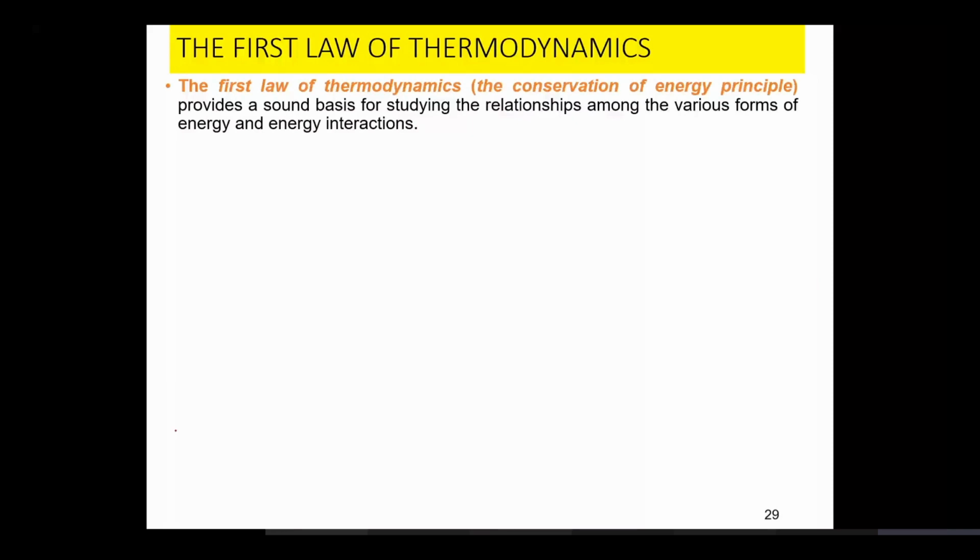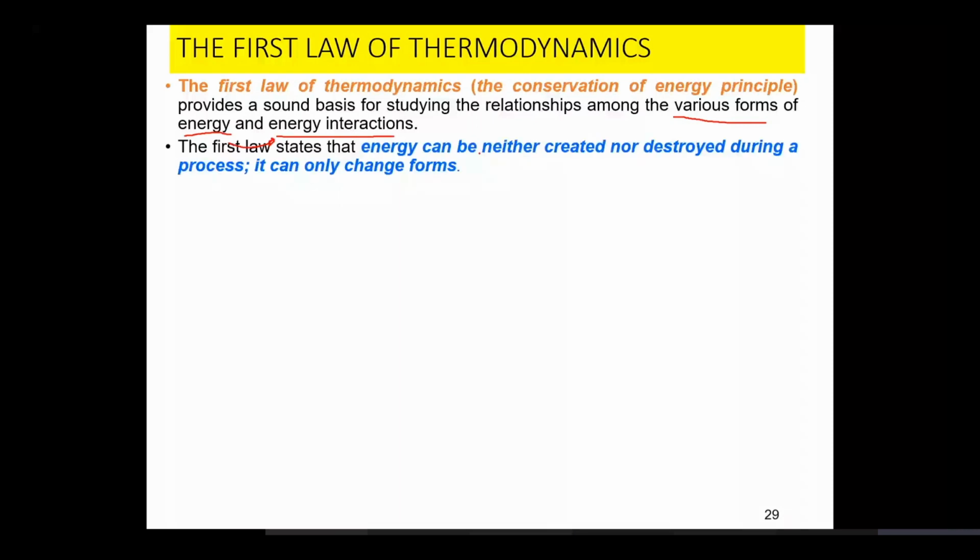There are various forms of energy that you've already seen: kinetic, potential, and internal energy, which is further divided into subcategories, and there are energy interactions. Based on this first law, we'll try to develop an equation relating the energy and energy interactions. As for the first law, the most common statement is that energy cannot be created nor destroyed during a process. It can only change forms.